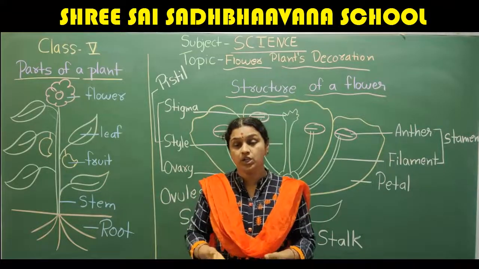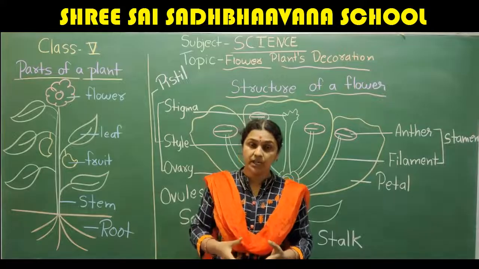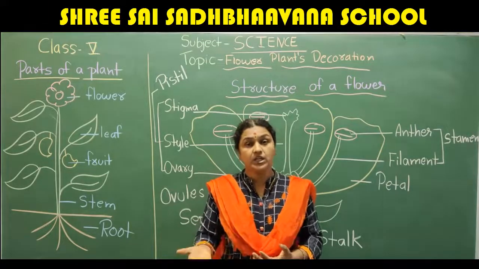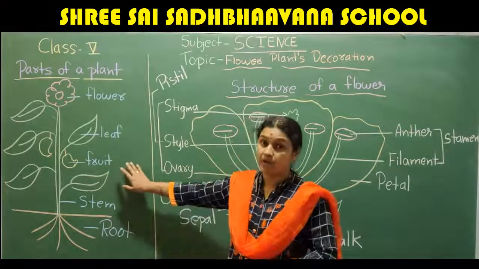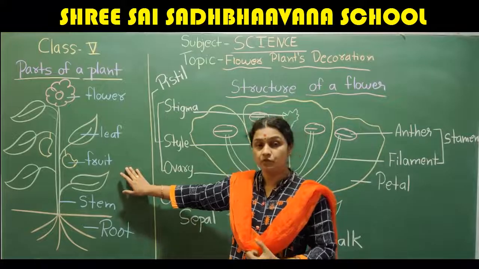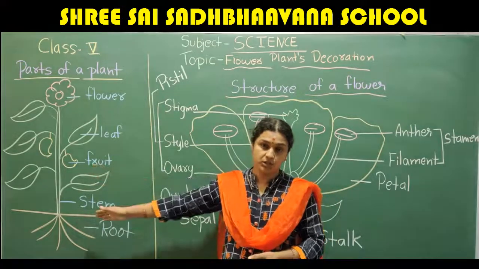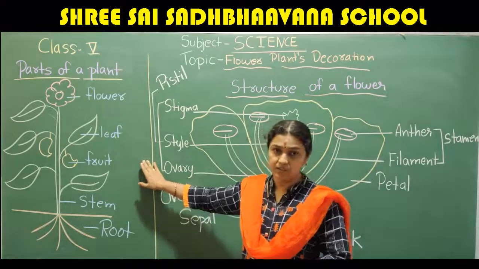As we, human beings and animals, need food, proteins and nutrition for our growth and for reproduction, likewise the plant also requires food, which is the energy for its growth. So this is the part of the plant.